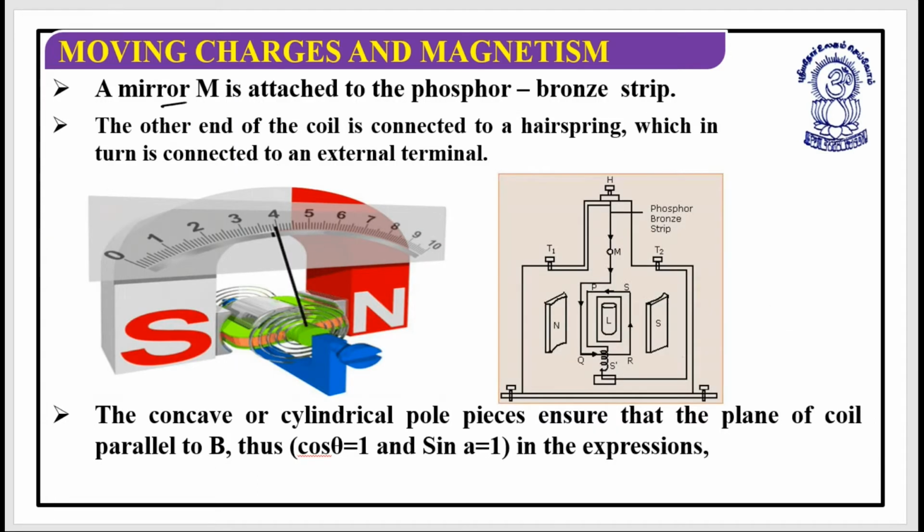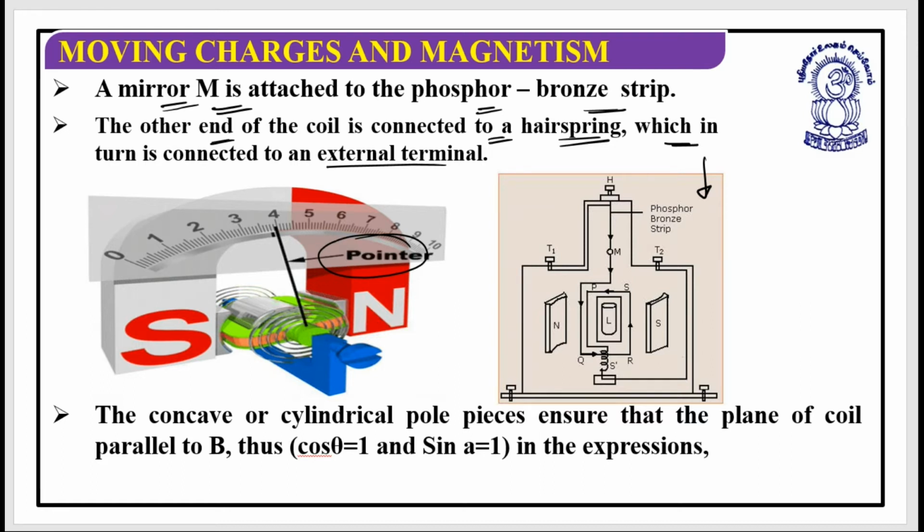One more thing, a mirror M is attached to the phosphorus bronze strip, and the other end of the coil is connected to a hairspring, which in turn is connected to an external terminal. This is the pointer, which will represent the current, and this is the 2D diagram of the situation.